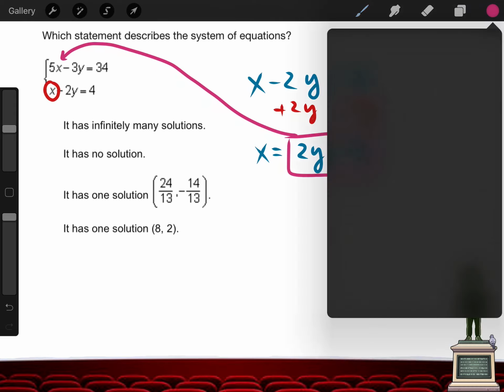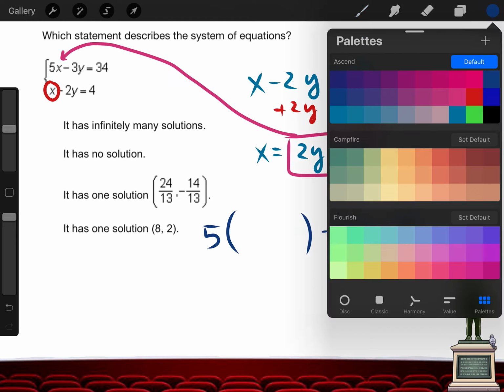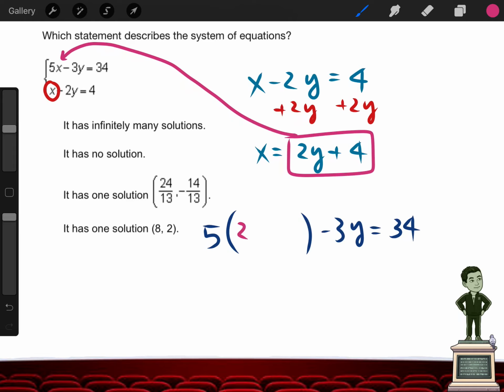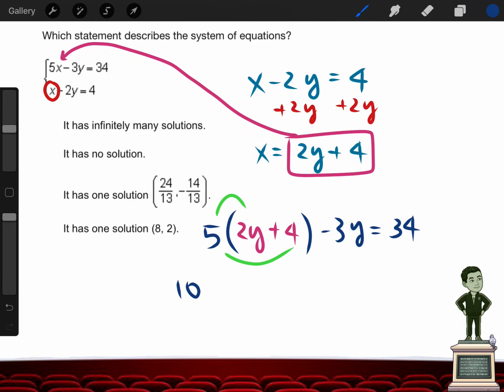Okay, so what's going to happen is, let me rewrite the first equation without the x. Okay, you're basically just going to solve this one. So plug this in, 2y plus 4. Now we're going to distribute the 5. So that's going to be 10y plus 20 minus 3y equals 34.